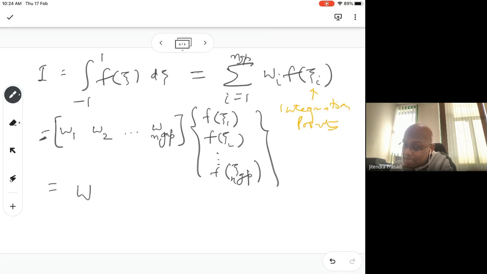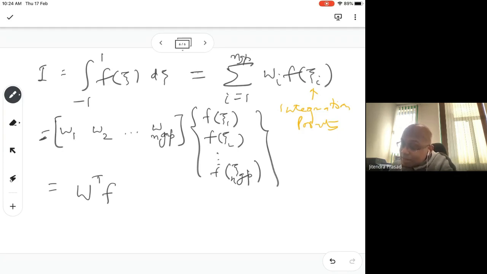Let's call this the weight matrix, the weight vector transpose, and then this is the f vector. Let's call it the f vector like this.